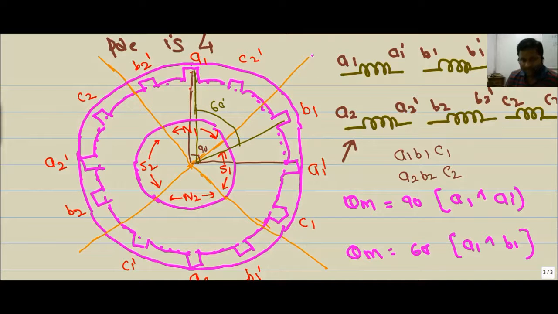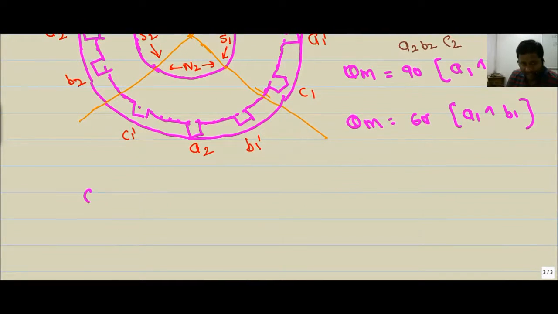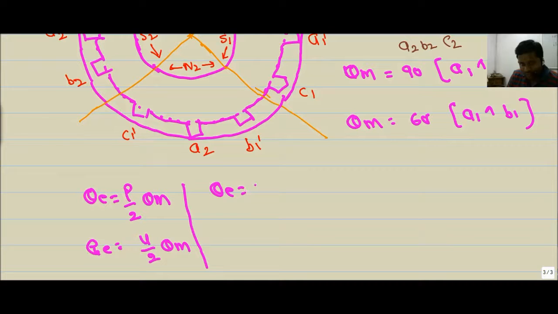To maintain a phase sequence of minus 120, theta electrical equals P by 2 times theta mechanical. For P equals 4, theta electrical equals 2 times theta mechanical.